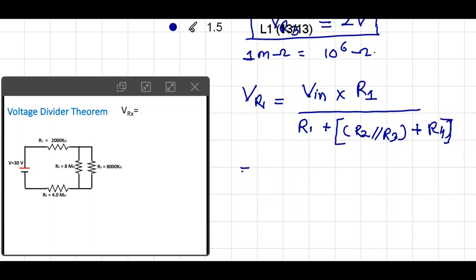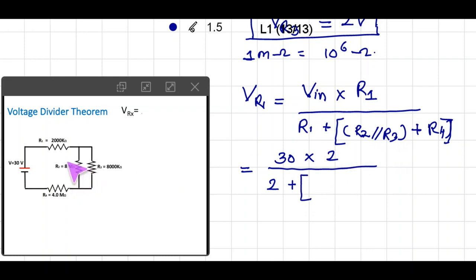Therefore VR1 is equal to 30 multiplied by 2000 kilo ohm. 1000 kilo ohm means mega ohm, so we can say it is 2 mega ohm, divided by the value of R1, that is again 2 mega ohm, plus, now what is the R2 R3 combination?